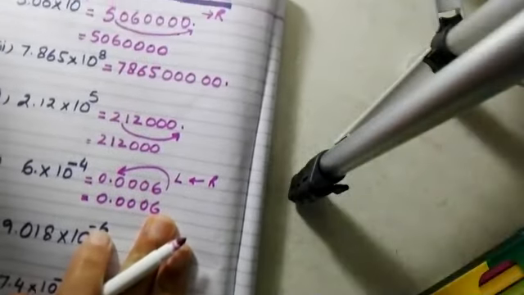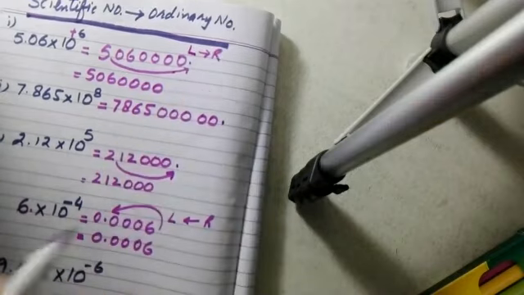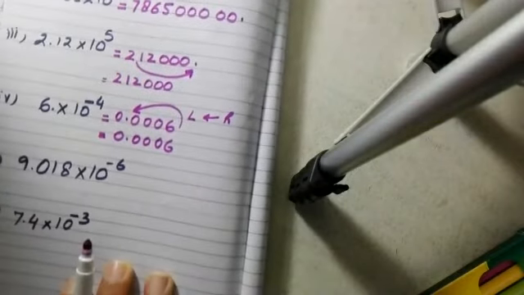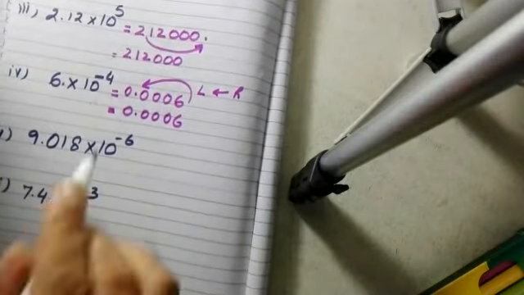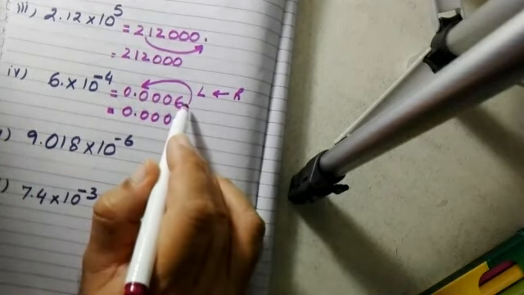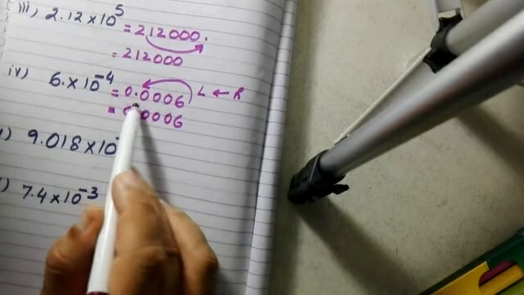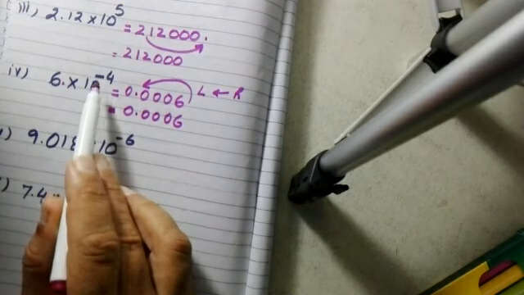In the above example, when we were working with positive powers, we were shifting the decimal from left towards the right. And in this case, when we have 10 raised to a negative power, we are shifting the decimal from the right position towards the left one and counting the number of digits. This depends upon the power of 10.